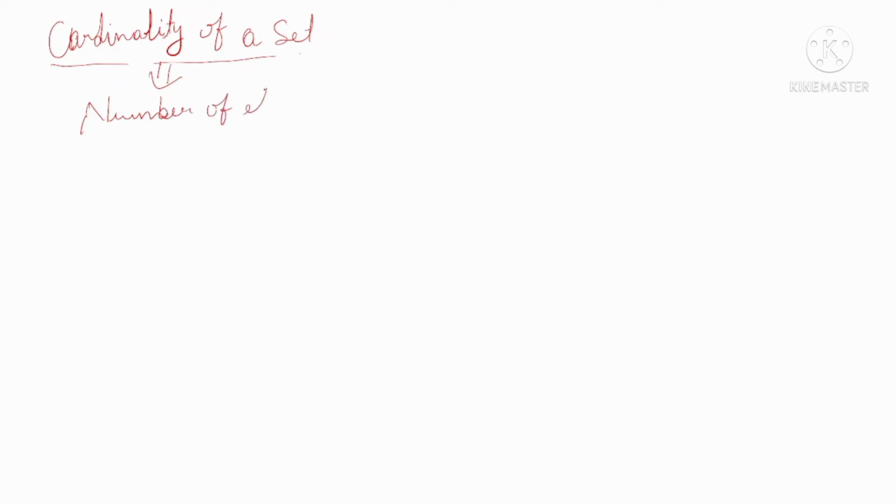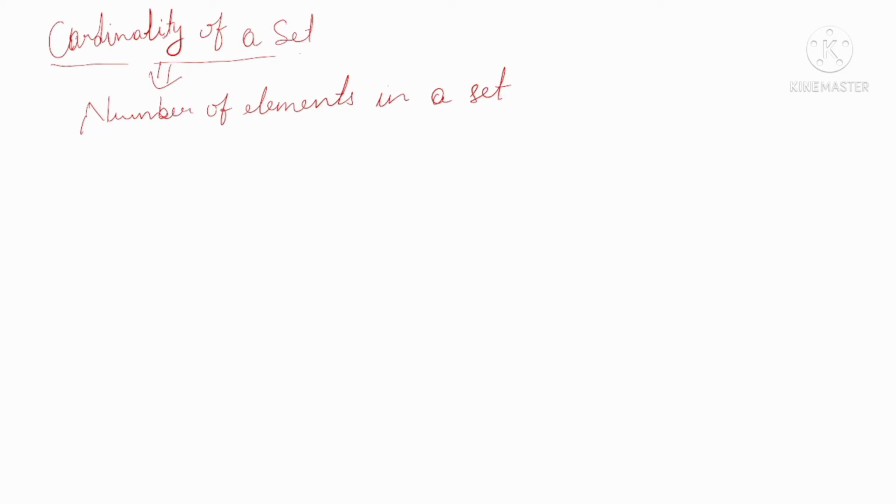So what is this cardinality? The number of elements of a set is called cardinality. Whatever it is, the number of elements in the set, that is known as cardinality of a set.